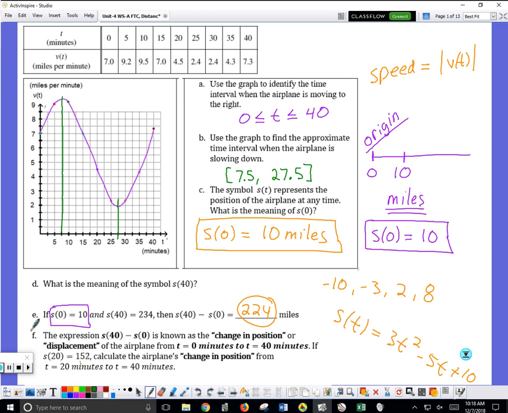Raise your hand when you have that. Don't spend too long. But who has the change in position from time 20 to time 40? We should get the whole room to raise your hand on this one. Talk to each other until everybody raises their hand.